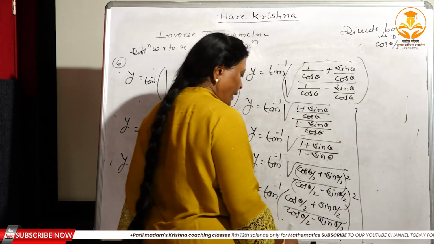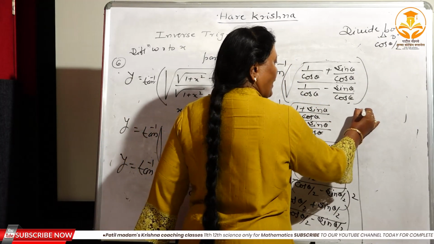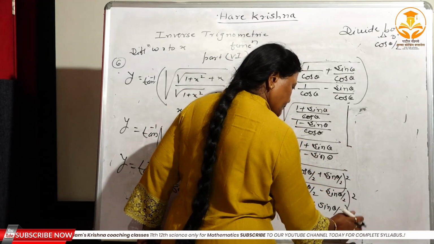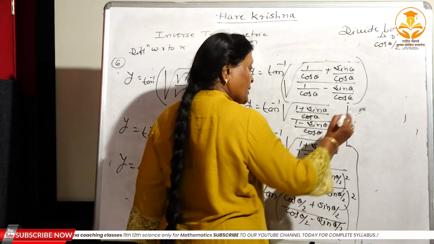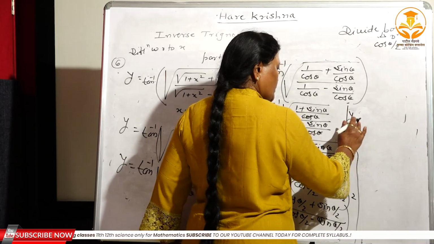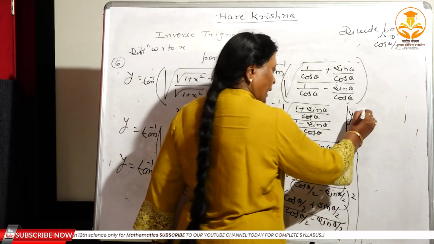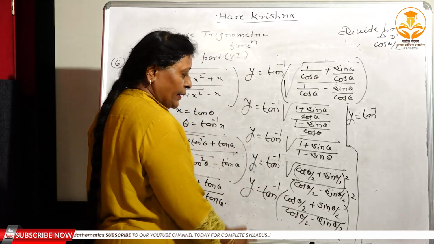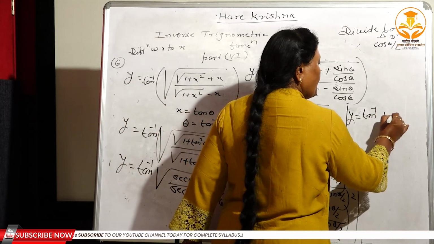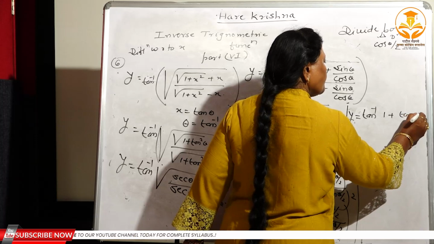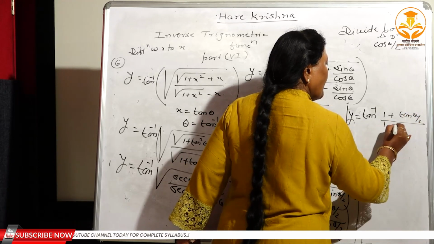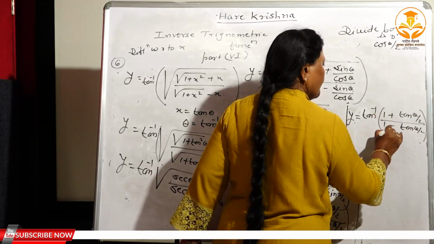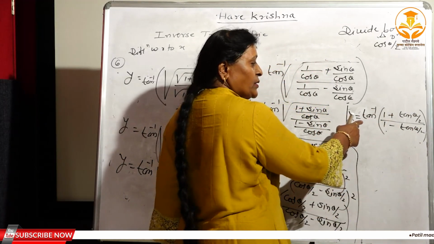Now whenever you divide by cos theta by 2, see here, y is equal to tan inverse. When you divide it with cos theta by 2, you have got 1 plus tan theta by 2 divided by 1 minus tan theta by 2, right? Again, what is the formula?